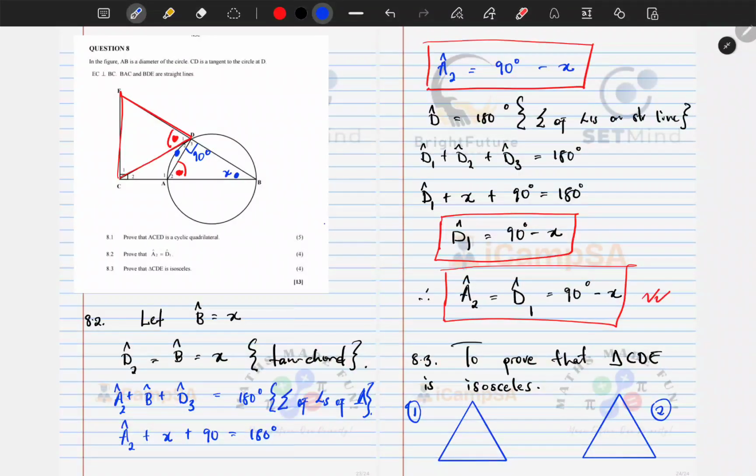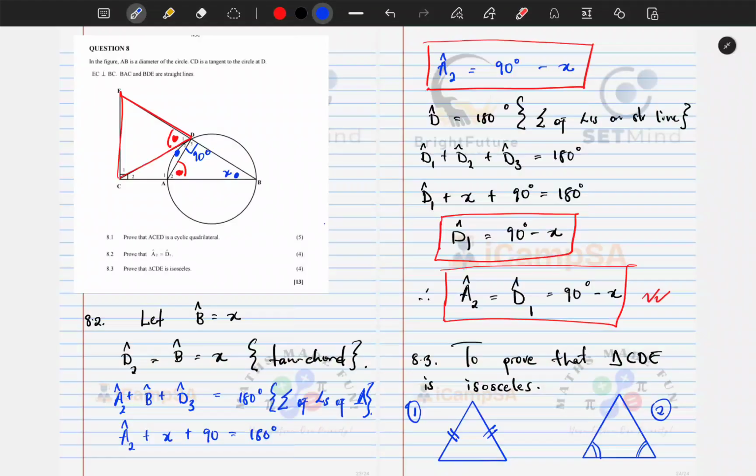So the first condition in order for us to prove that something is an isosceles triangle means that both sides need to be equal. And then the other one is for both opposite angles to be equal. This is what we will need.